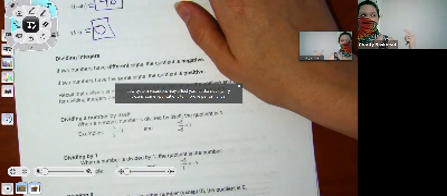Basically the same rules apply for dividing. If you divide two numbers that have opposite signs, it's going to be a negative answer. If you divide two numbers that have the same sign, it's going to be a positive answer. Dividing a number by itself equals 1.